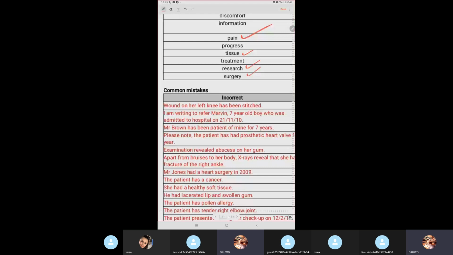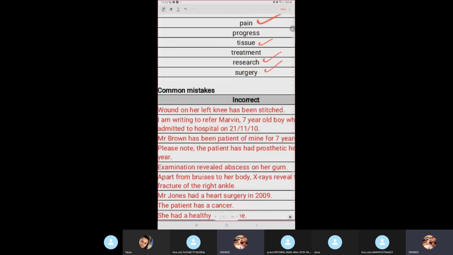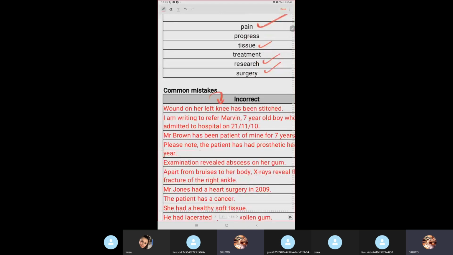Now let's make you do some exercises. Right, Dr. Noza, this one's for you. Wound on her left knee has been stitched. How would you correct this sentence, Dr. Noza? Sorry, I'm driving.